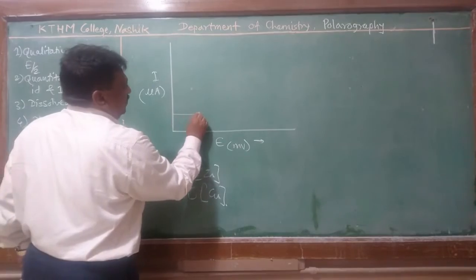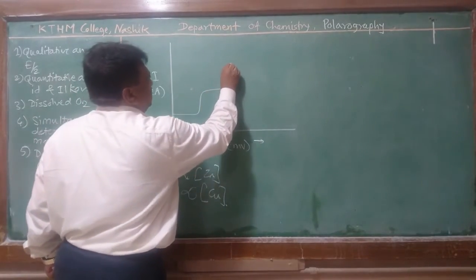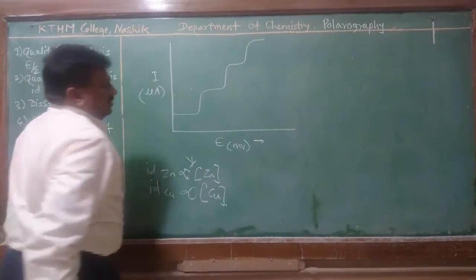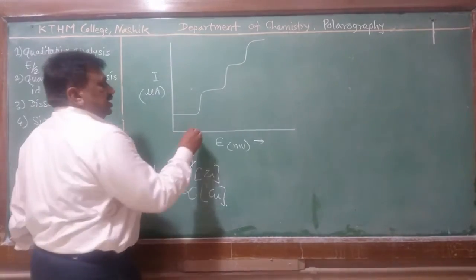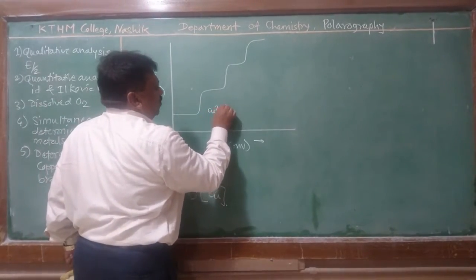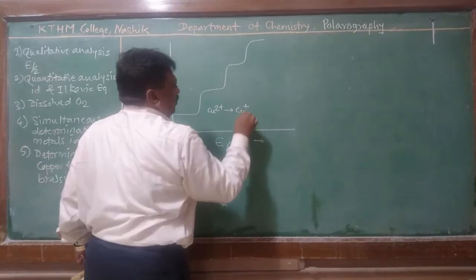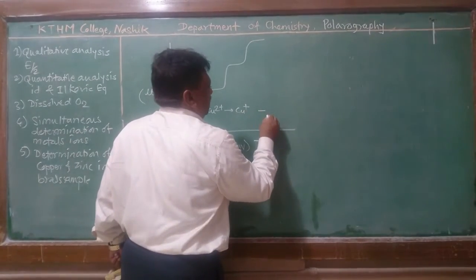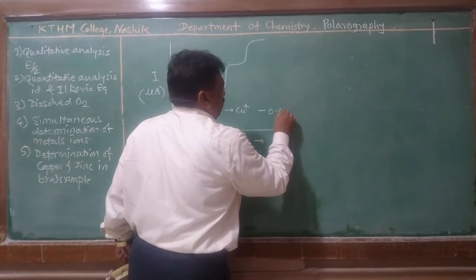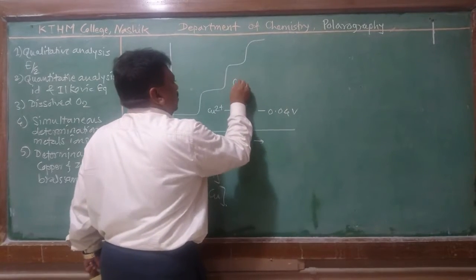The polarogram consists of 3 stages in this fashion. First is the reduction of copper 2 plus to copper plus, which takes place at minus 0.04 volt.